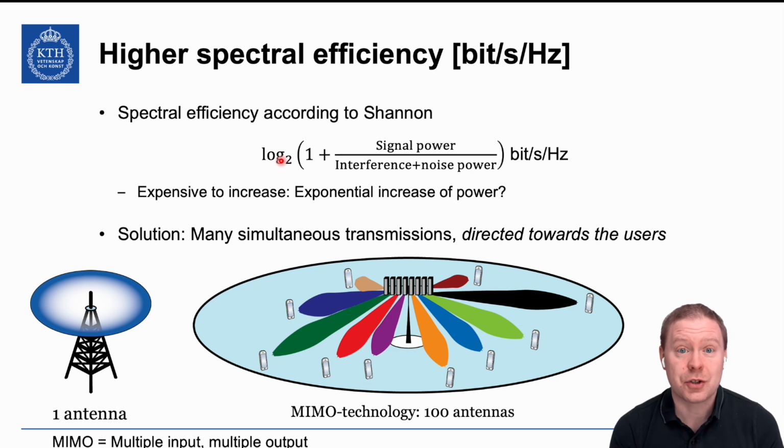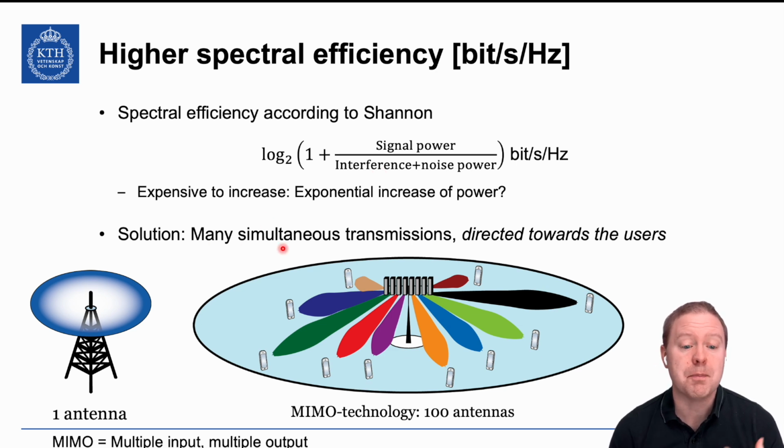So that's really not a good way of doing it. And even if you would do it, the interference that you get from other cells will probably also be increasing, because if you start increasing your power, then someone else would do the same thing to try to counteract that increased interference that you caused to them. So increasing the spectral efficiency is really about other things.